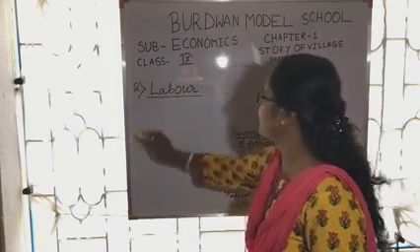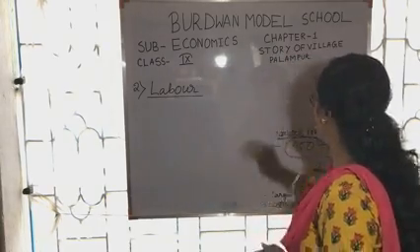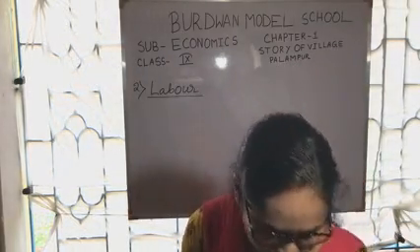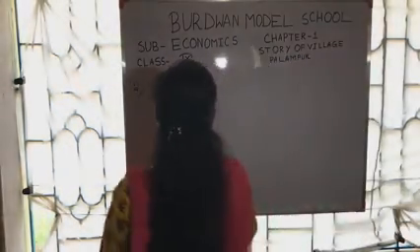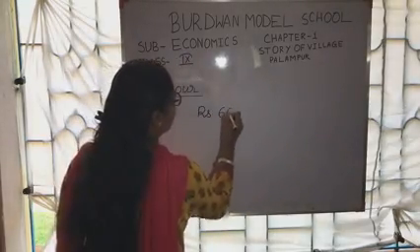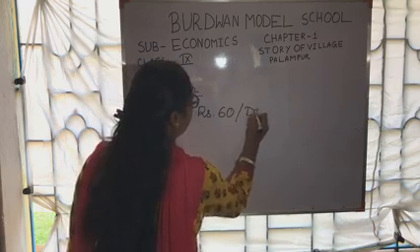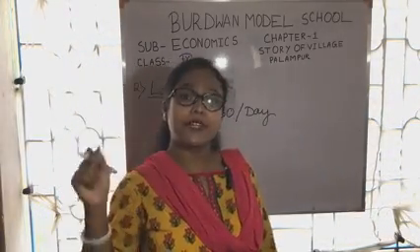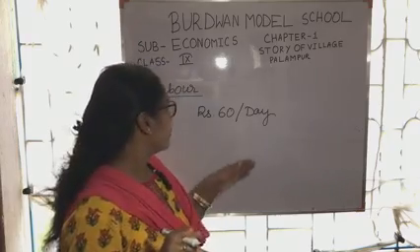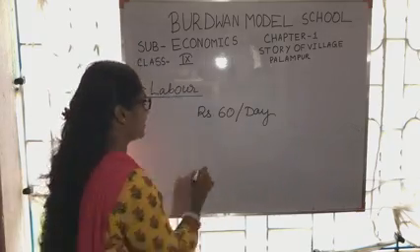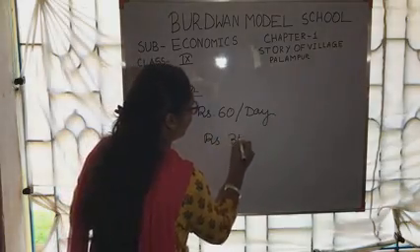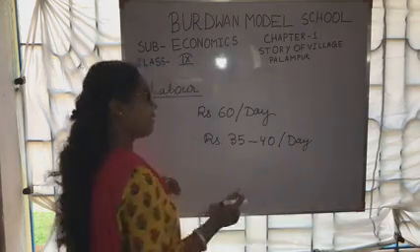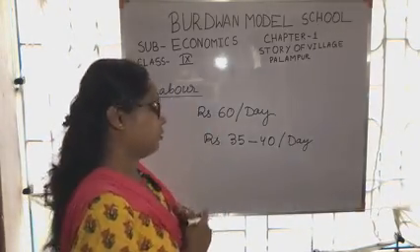For the landless labor who work on others' farms or fields, the wage fixed by the government is rupees 60 per day, but what is actually paid by the medium or large farmer to the landless worker is rupees 35 to 40 per day, which is a very small amount.